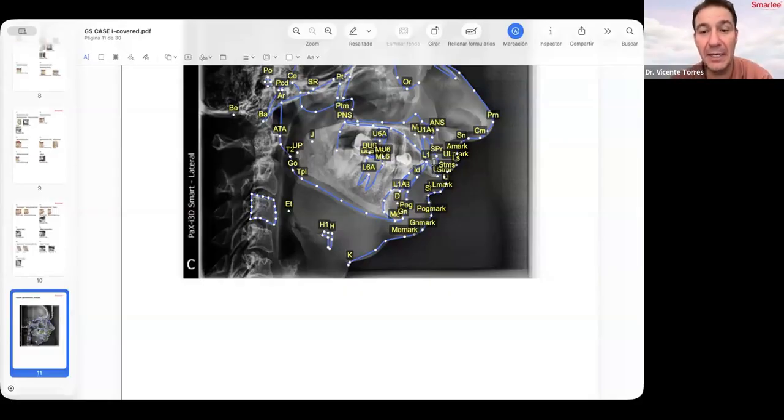And you can see here, this is very, very close, like the angle of the labial chin angle. So this is very important.